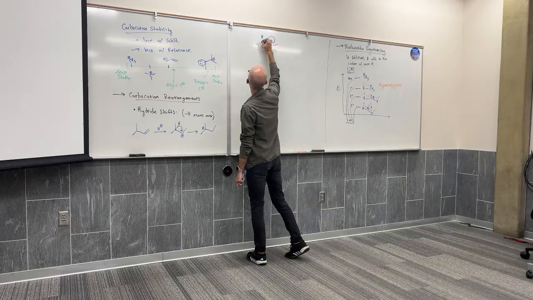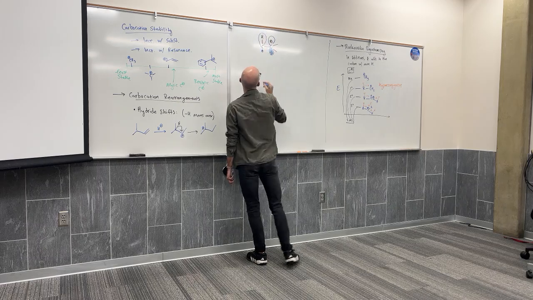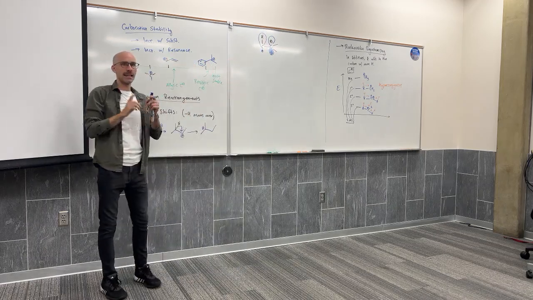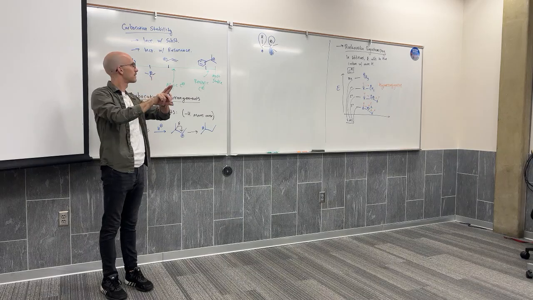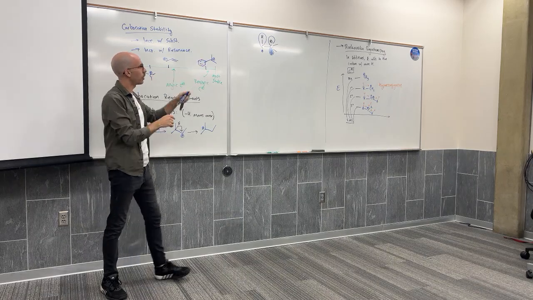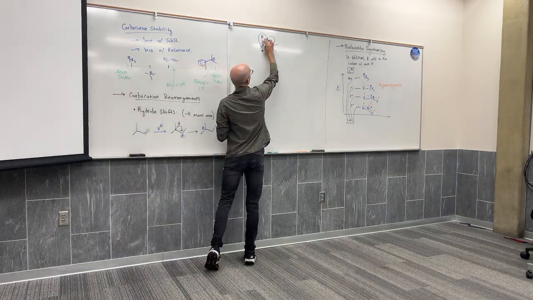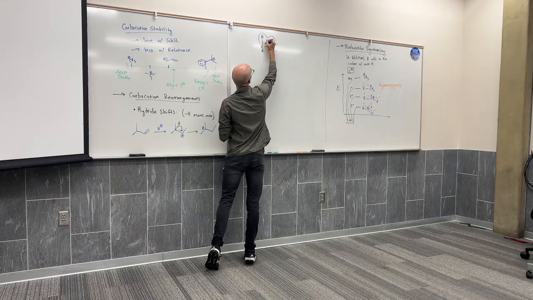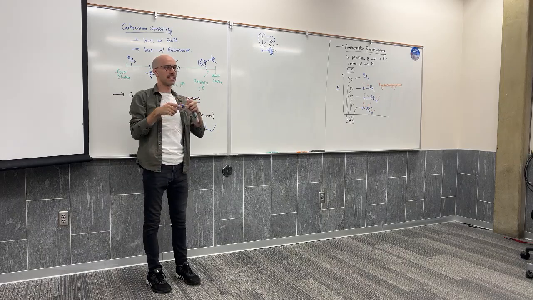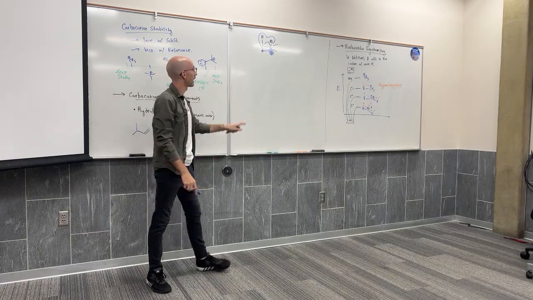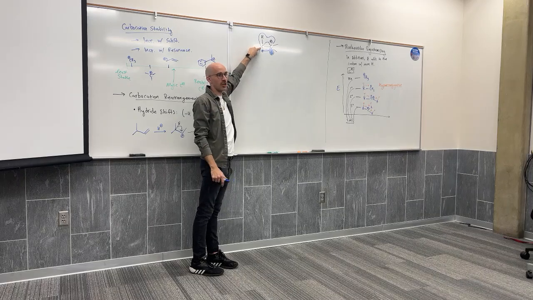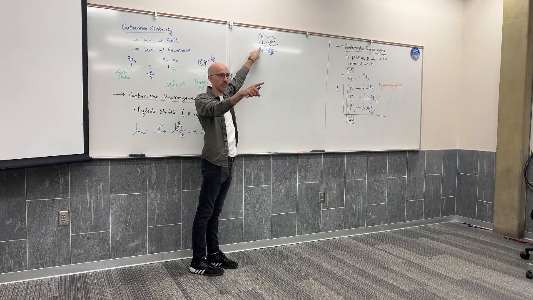And that p orbital actually looks a little bit like the hybridized sp3 orbital of the adjacent carbon. And if those two orbitals just get close enough to bridge together, then the electrons can just slide over to the other carbon and leave this carbon empty of an electron pair.